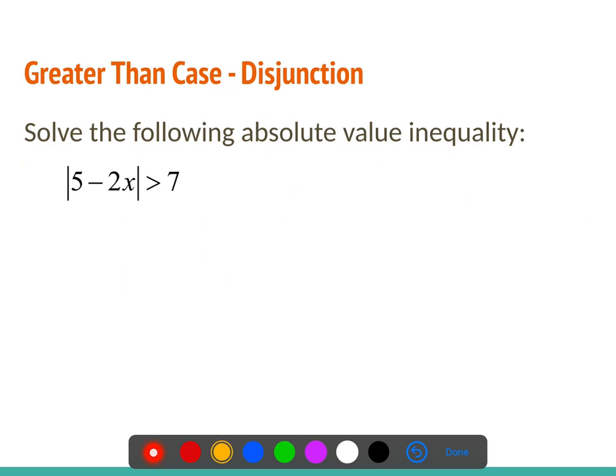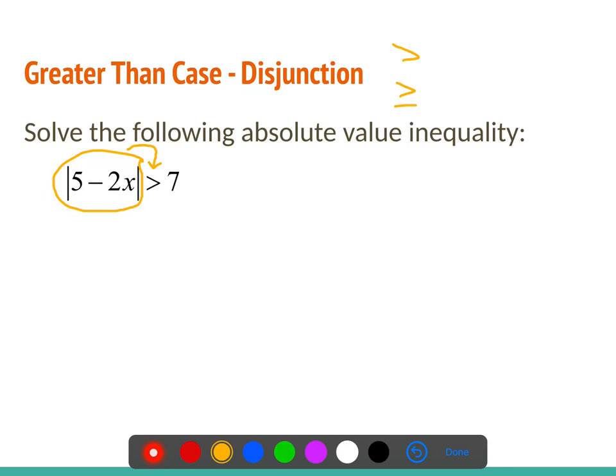All right, well, now I'm going to try what I think is going to be a greater than or a disjunction case. So again, I have to check to make sure, first of all, that it's isolated. And then the inequality sign after the absolute value is a greater than. So this is for greater than or greater than or equal to.